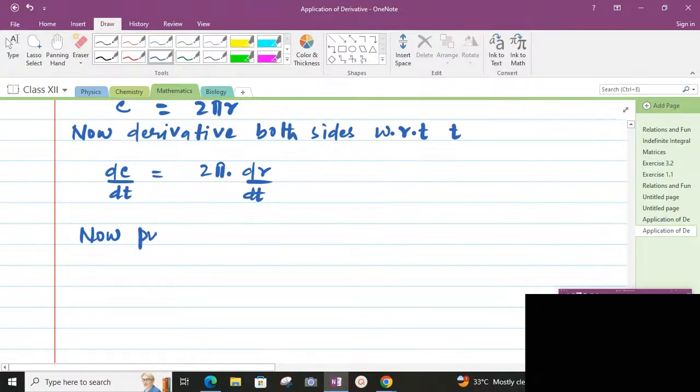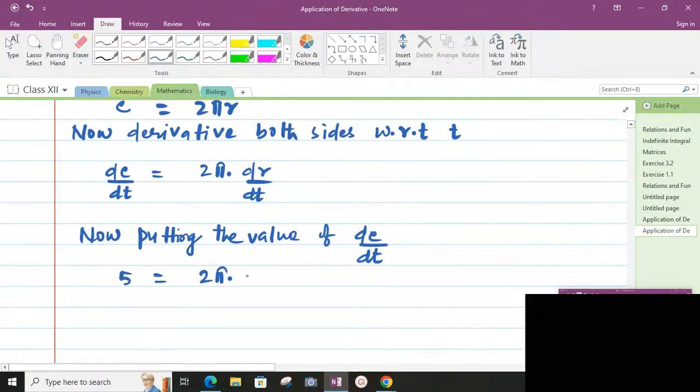Now putting the value of dC by dt, here the value of dC by dt is 5. We write down here 5 equal to 2 pi into dr by dt.